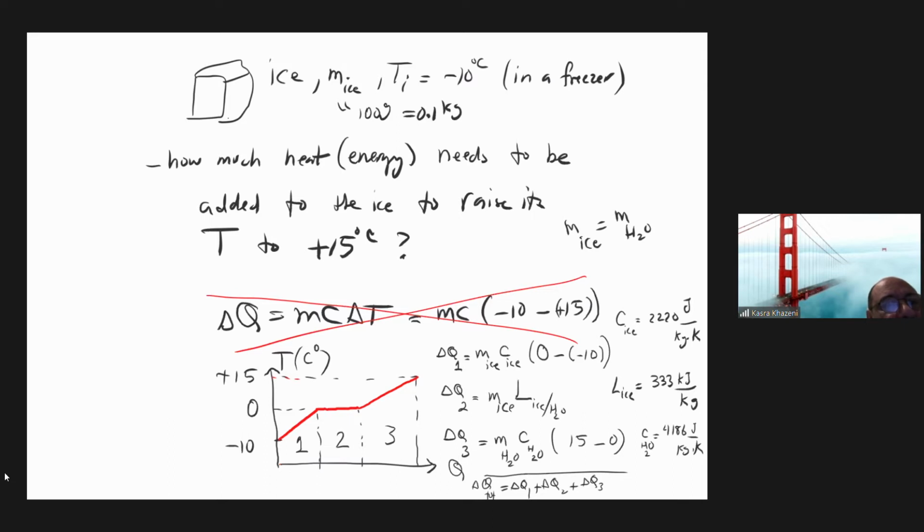Okay? So with this simple example, you have to be a little bit careful, because you know what happens to ice at 0 degrees: it's going to melt.